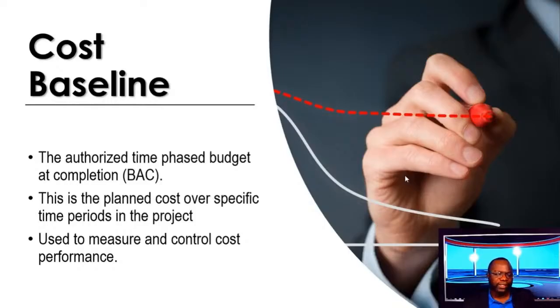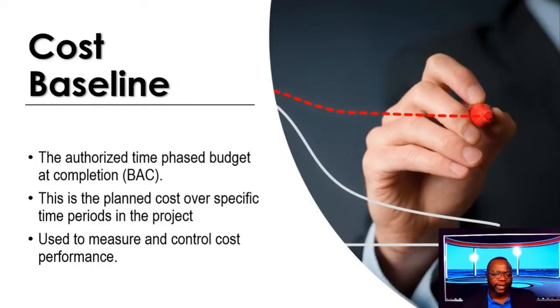So cost baseline, the authorized time-phased budget at completion. This is key. Your cost baseline is not just, oh, it's 5 million total. No, no, no. You've got to break it down, folks, into the time phases. Q1 is 2 million, Q3 is 5 million, like that. Break it down into time periods, either by quarter or by month or by week or by day, depending on your project, all right?